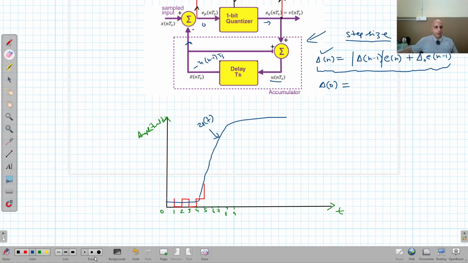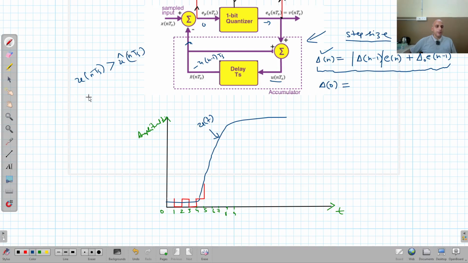So at n is equal to 0, we can say delta 0, so the error signal will be, as the incoming signal x n t s is greater than x bar n t s.